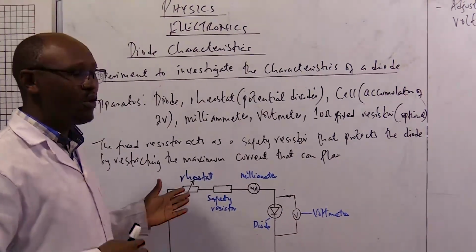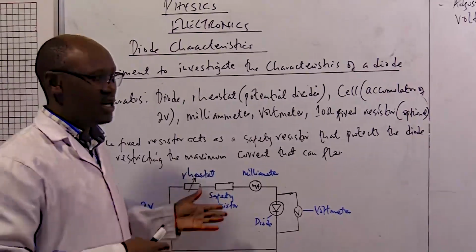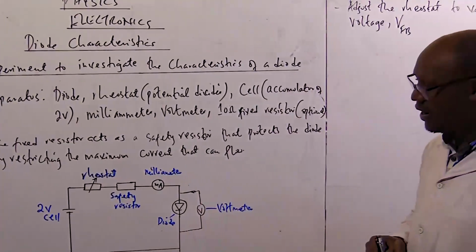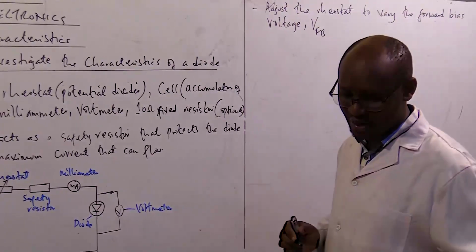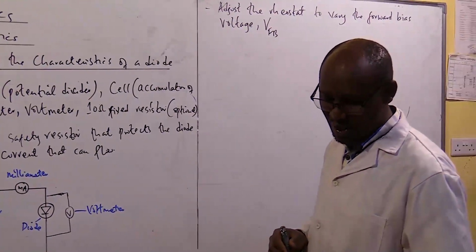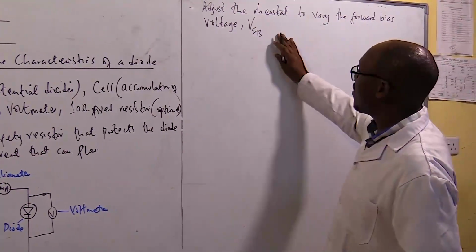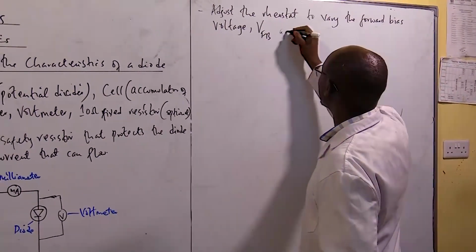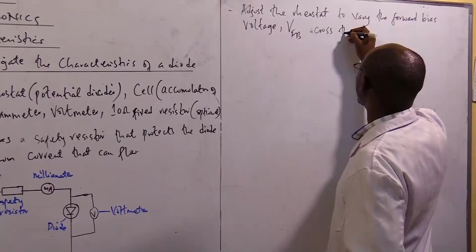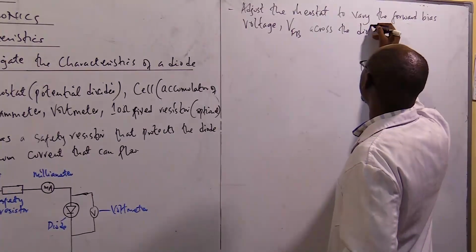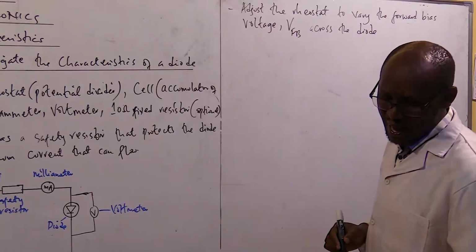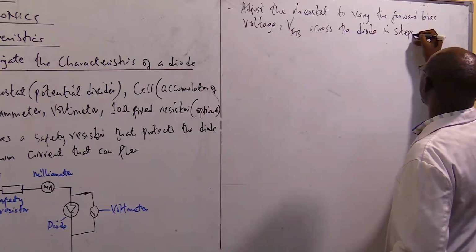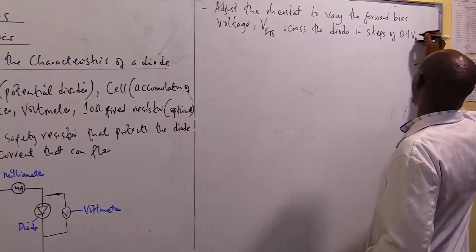So you want to vary so that you have an increase. But of course, we'll be having some gradual increments so that we don't destroy our diode. So the forward voltage, across the diode, not the resistor, in steps of 0.1 volt.